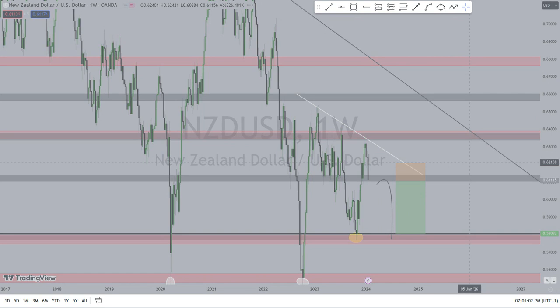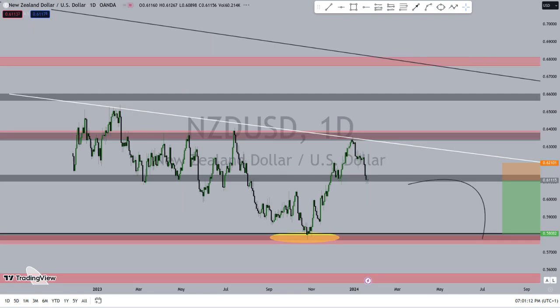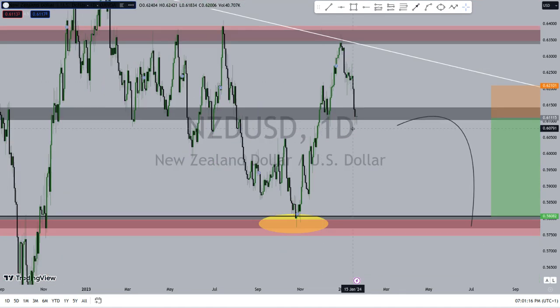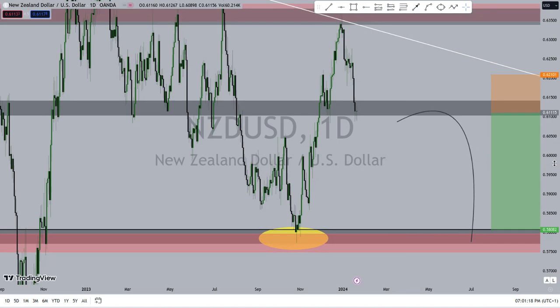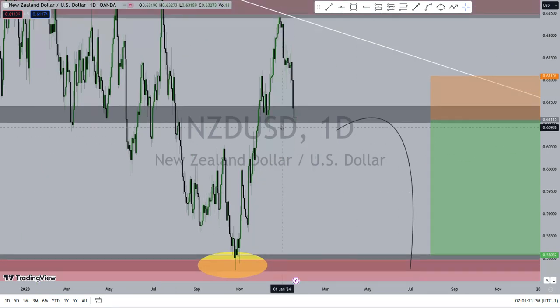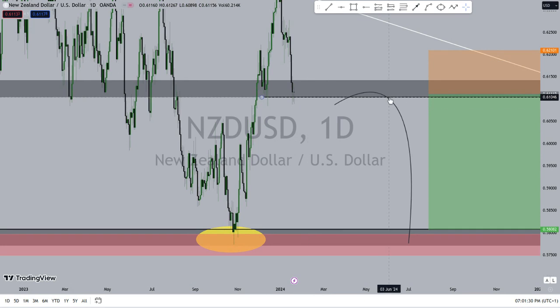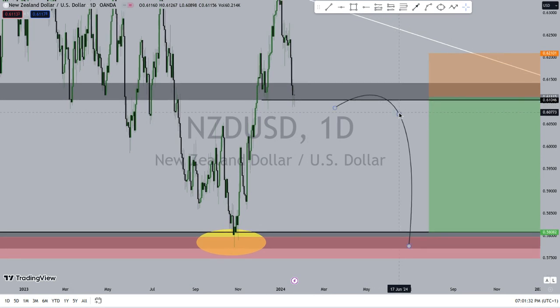So NZUSD, guys, in our previous video we were anticipating NZUSD to give us a bullish monetary upside, but it was all wrong, and we learned our mistake, and we're projecting NZUSD to come, once we see price come to break below this level, to clear this level, then we should be looking to come sell NZUSD.